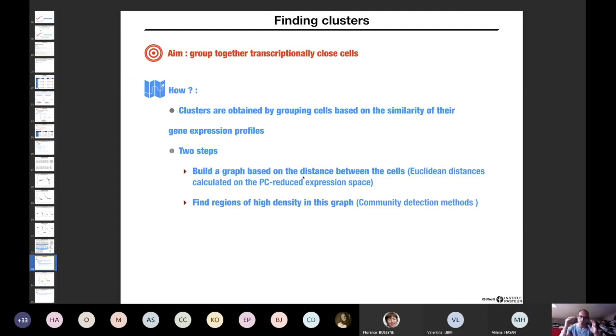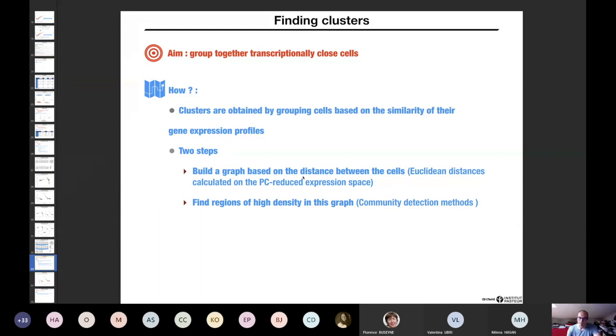It's not necessarily at the gene level that we're going to do that, but already at the first step of summarization. And in this graph, you apply ad hoc algorithms to find areas of densely populated regions.